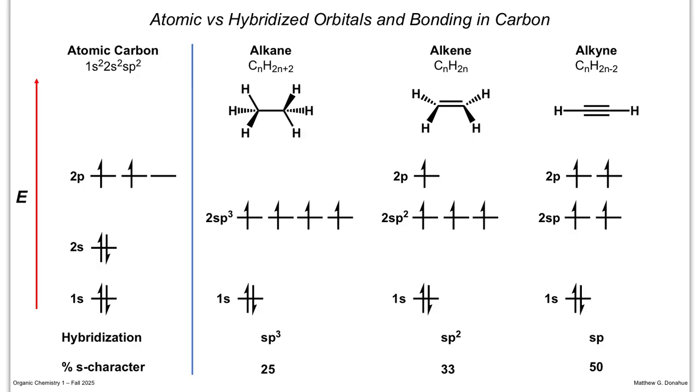So here's a more visual representation of that. On the left, there's the atomic electron configuration of carbon. This red arrow is energy. And so we fill these orbitals from the 1s. So we put an electron in, we spin pair it, it's full. We then move up to the next period, the next shell, that's the 2s, another pair of electrons.